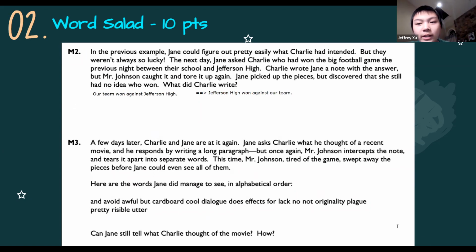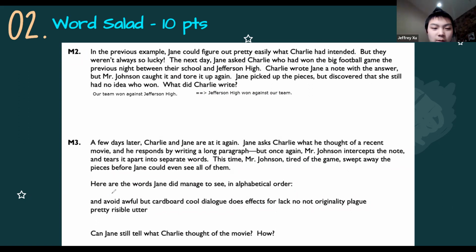Now part three is a bit trickier. The idea for this one is that there are so many words that we cannot possibly deduce what Charlie was actually saying.